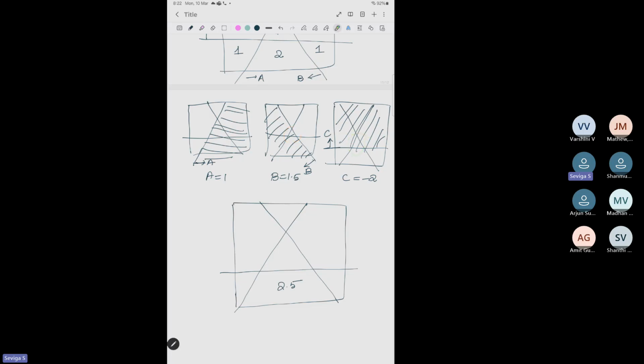So 1 plus 1.5 plus minus 2 is 0.5. Next region we will take this one. Here the value is 1, here the value is 0, here the value is minus 2. So 1 minus 2 is minus 1.